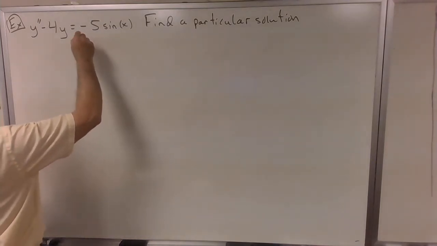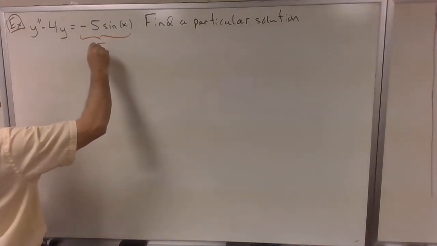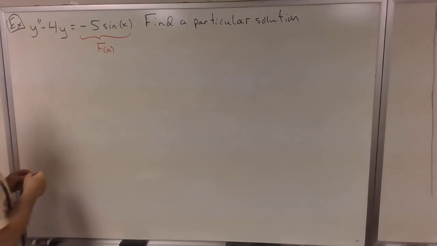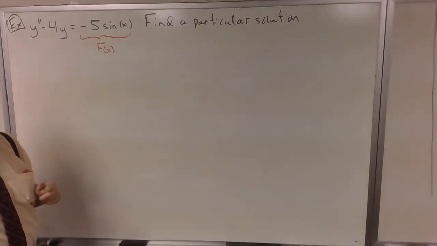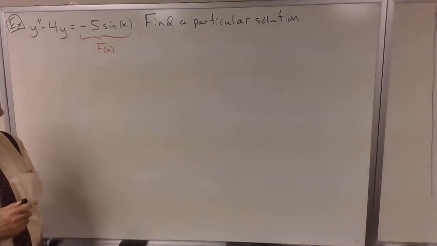Okay, the right-hand side, f of x, is some linear combination of sines of x's and cosines of x's. So I'm going to use method of undetermined coefficients.